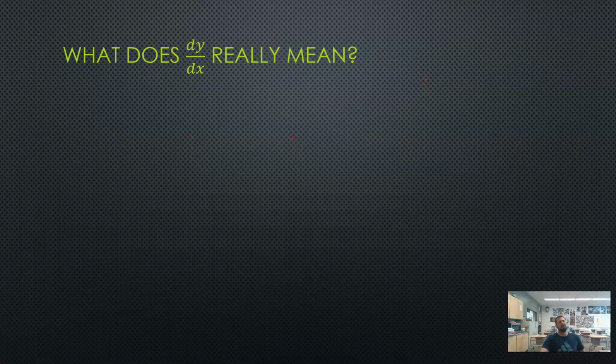Now, one thing that I do want to focus on real quick is we've talked that dy dx means take the derivative. And we said briefly as well that dy dx is also we're taking the derivative of y with respect to x. What that means is I've got some equation like this one, and when I take the derivative of that, I get dy dx is equal to 2x plus 2.